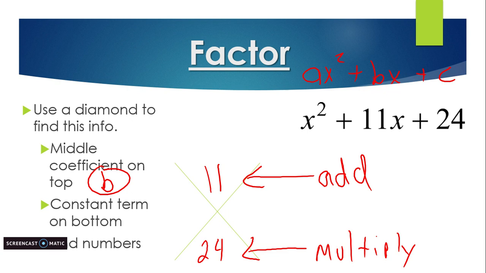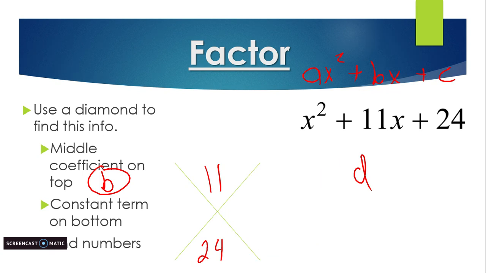And so that can seem kind of daunting. The ones we're going to do today aren't super difficult. You just need to keep in mind that we're going to multiply for the bottom, and those numbers need to be able to add together to get the top.